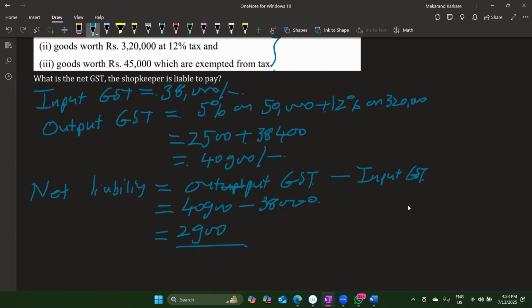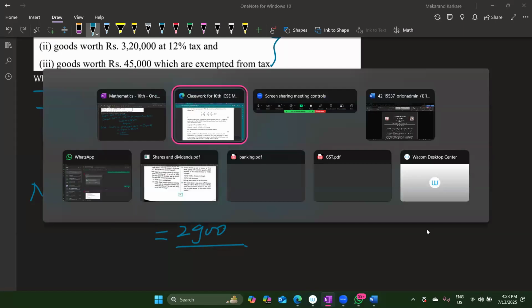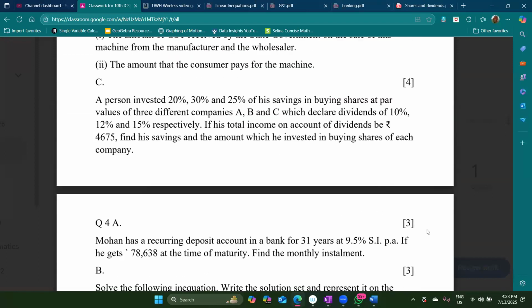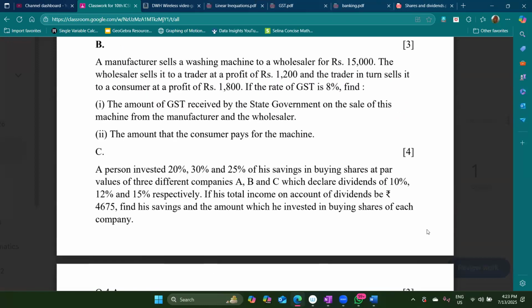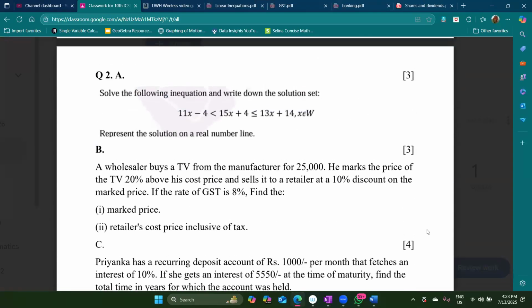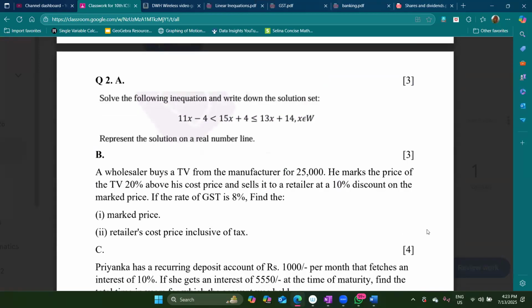Sir, in school, for the one you gave me one wrong for MCQ, that integers one I understood, but after that linear inequations, the actual problem from Question 2A.